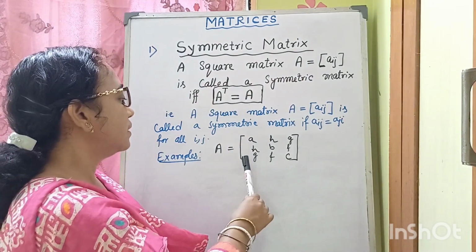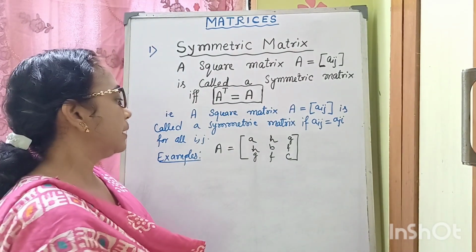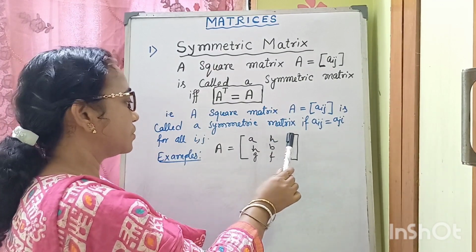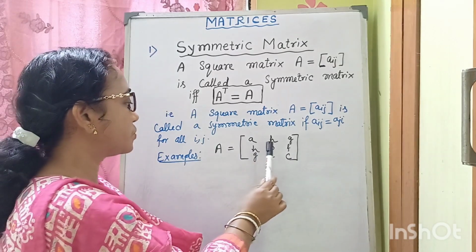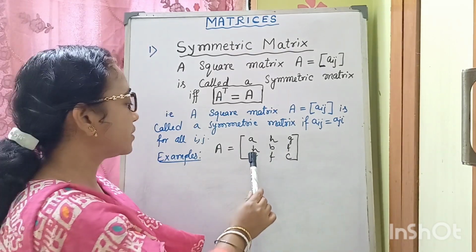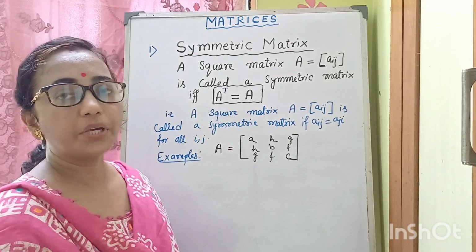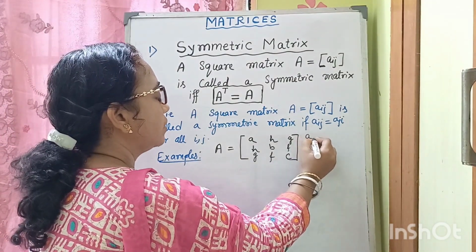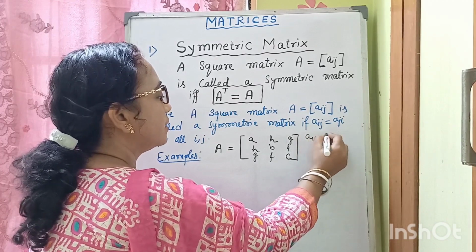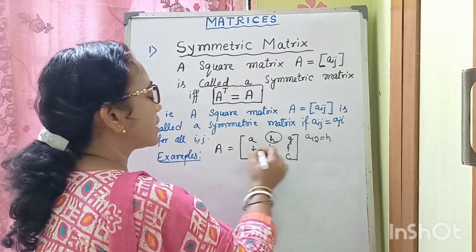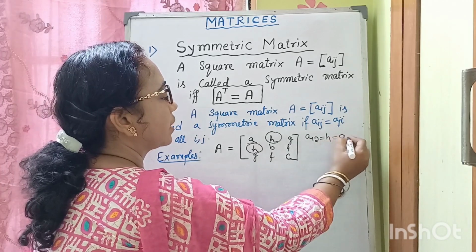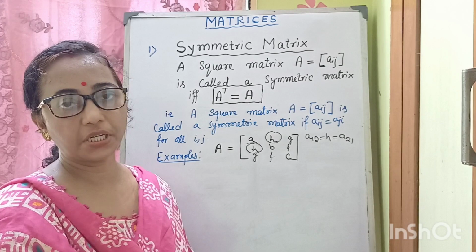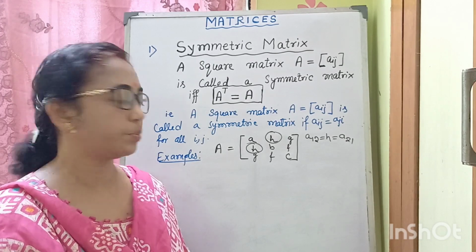Look at here. Here one example is shown. In this matrix, the first row elements are a, h, g. The second row elements are h, b, f. Third row elements are g, f, c. Now here, the element in the position a12, which is h, is the same as the element in the position a21, which shows that the element in the ijth position is the same as the element in the jith position.